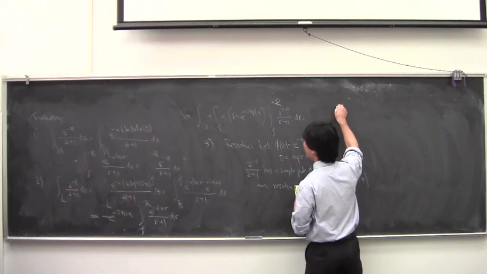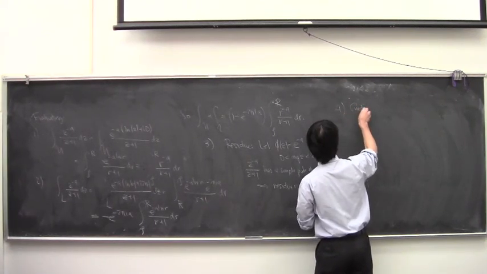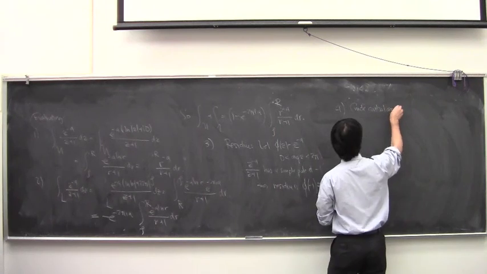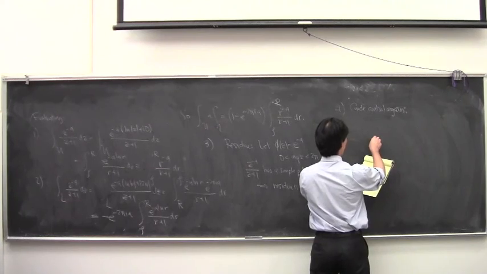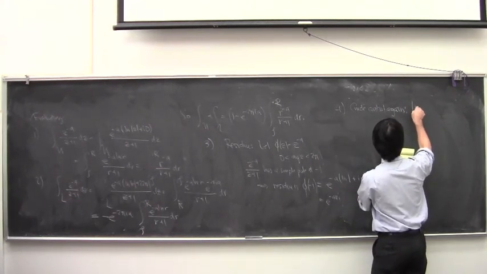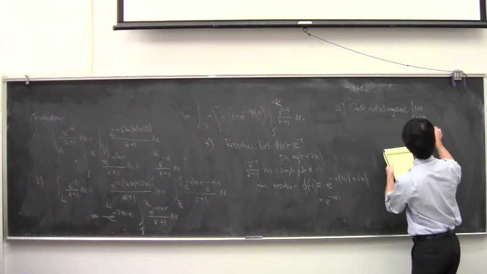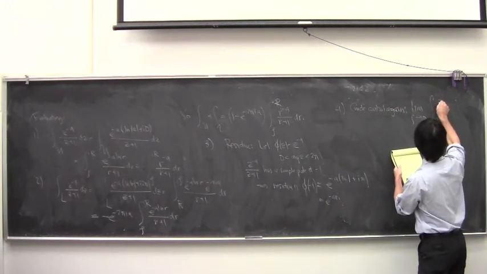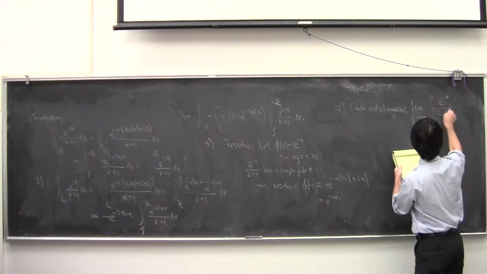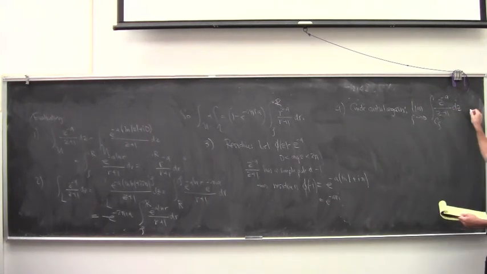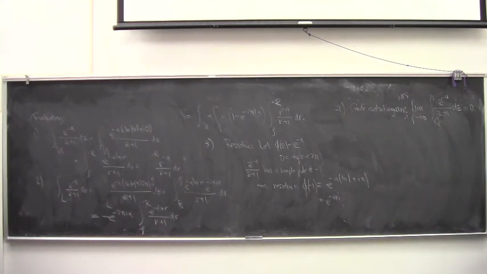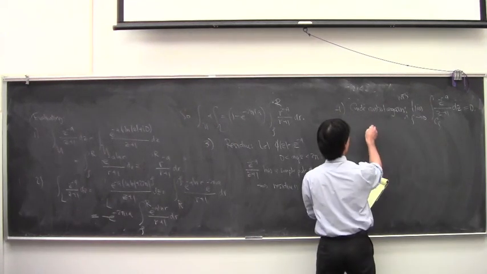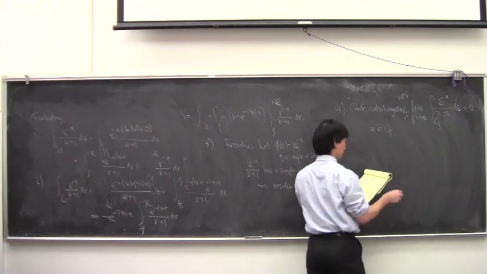Okay, so number 4, crude control again. We want the integral over the small circle of z to the minus a over z plus 1 dz. We want to show that this turns into 0. So z lies on C sub rho.